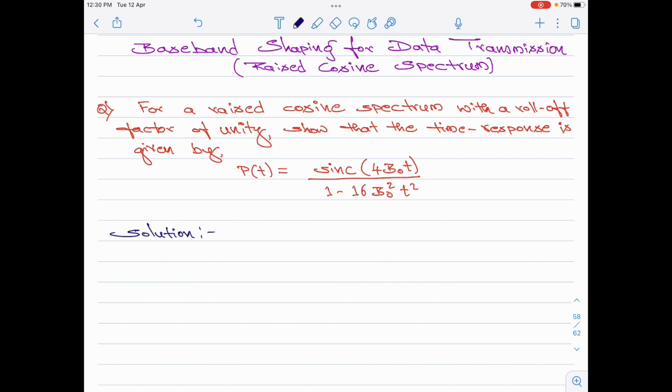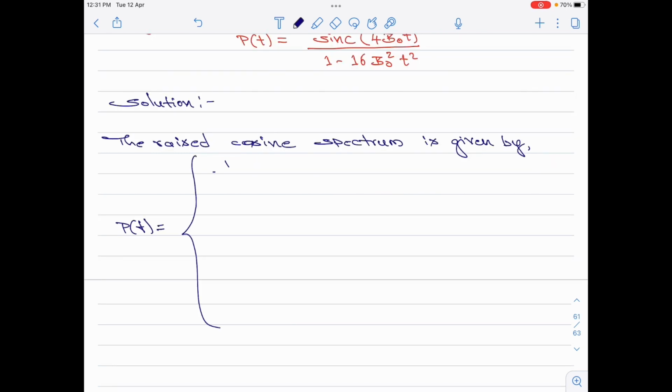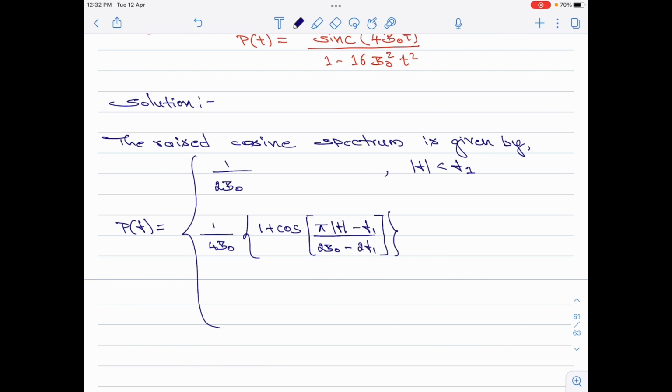I would like to start the solution with the equation for the raised cosine spectrum, which is given by, right. This is the equation for the raised cosine spectrum.